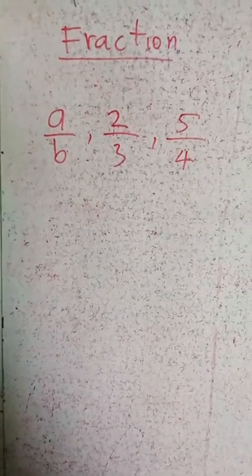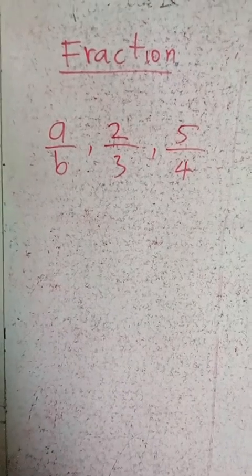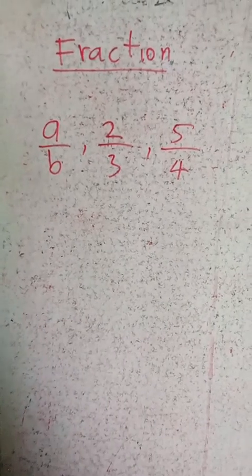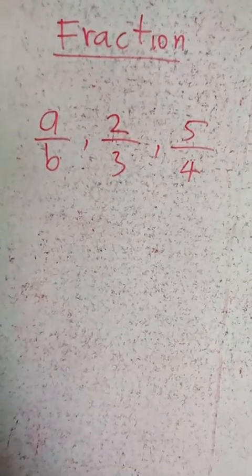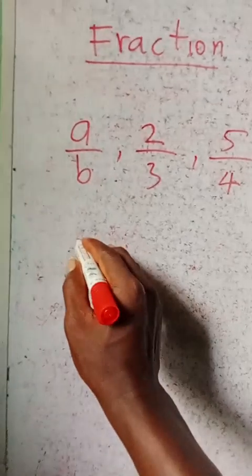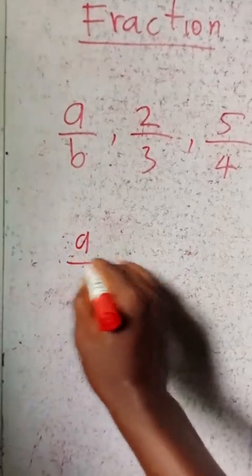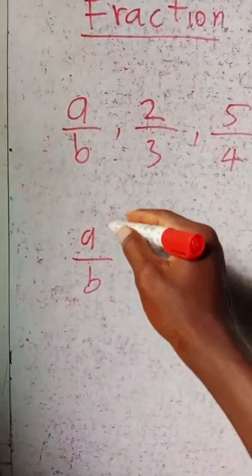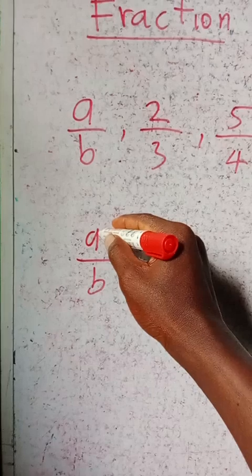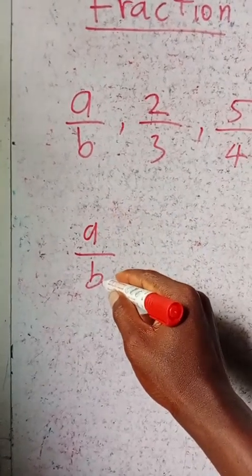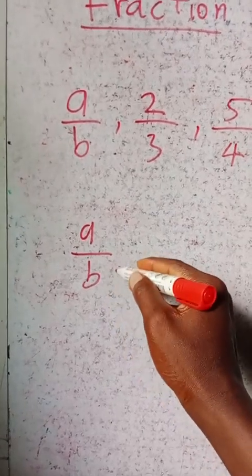Or you can say a fraction is the ratio of numerator to what? Denominator. So you see, A all over B, whenever you have a variable dividing another variable, is called a fraction.